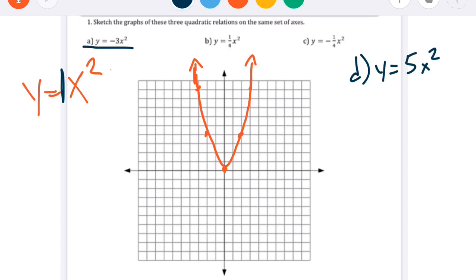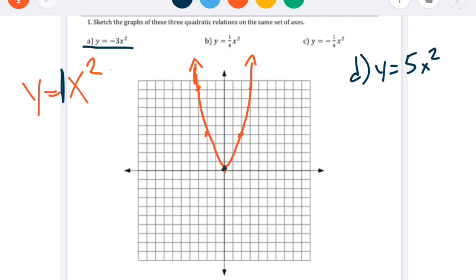So this graph of negative 3x squared, with all of these graphs, we all have a y-intercept at the origin. This is just going to be a very rough sketch. So if I'm trying to graph y equals negative 3x squared, some of the points that'll be on this graph are: if we plugged in -1, we would get -3.